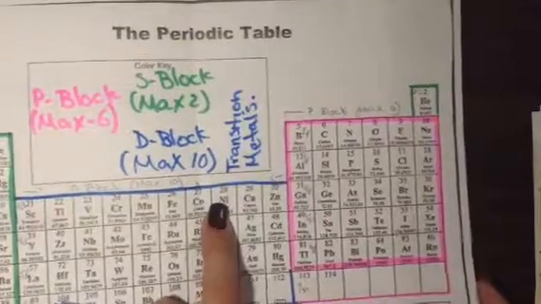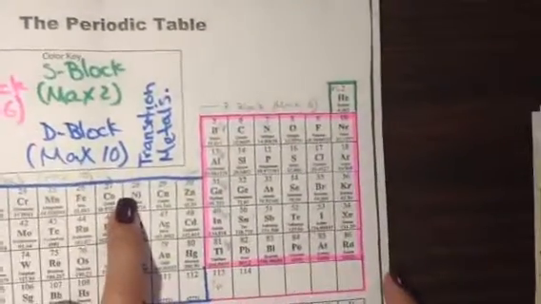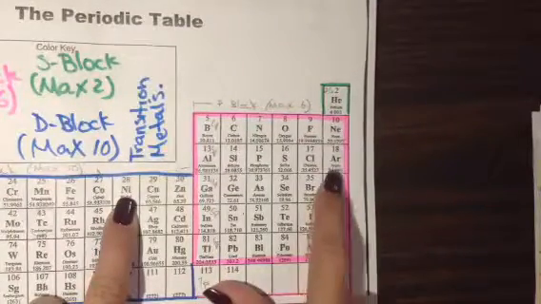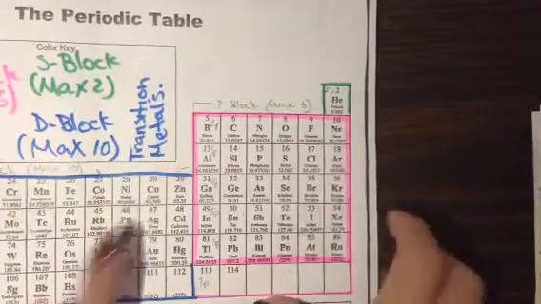Let's look at nickel, number 28. It's right here. Can anyone tell me the noble gas before nickel? Yeah, Ar, argon. So you start with argon. After argon, what's your next energy level? 4s2. And then 3d.